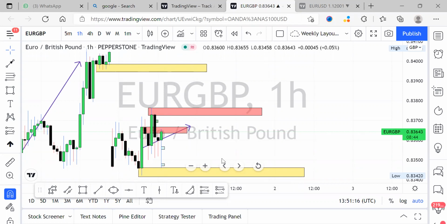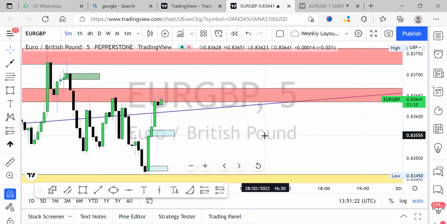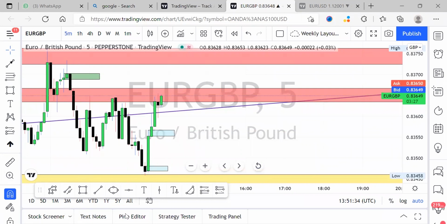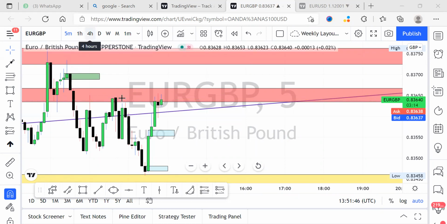Anybody got any questions about what I've just explained, please say so. Anybody, any questions? The reason why it's the body is, let's go back to my chart.